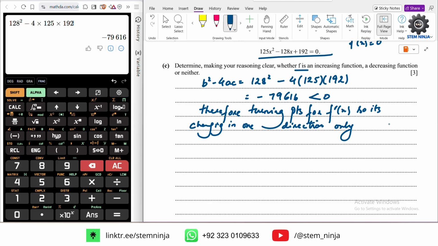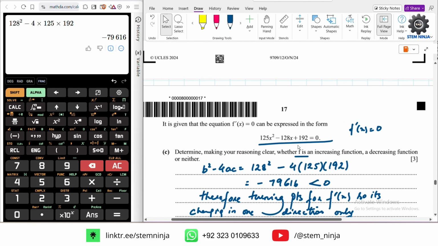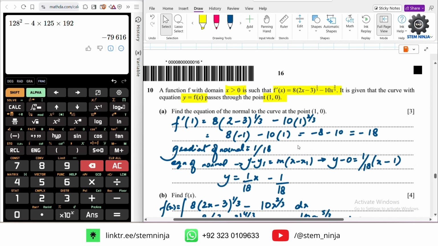So either it's an increasing function or a decreasing function. We're not saying that the gradient is constant, we are saying that the direction of that gradient is not changing. So now we need to deduce whether, if it's not changing, that means the sign of the gradient that we had over here is more than enough for us.